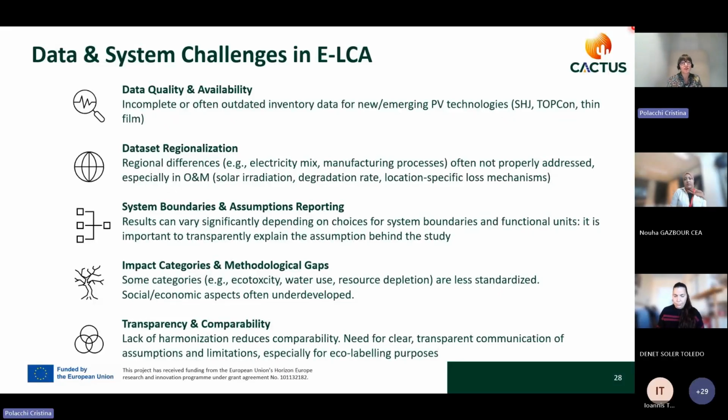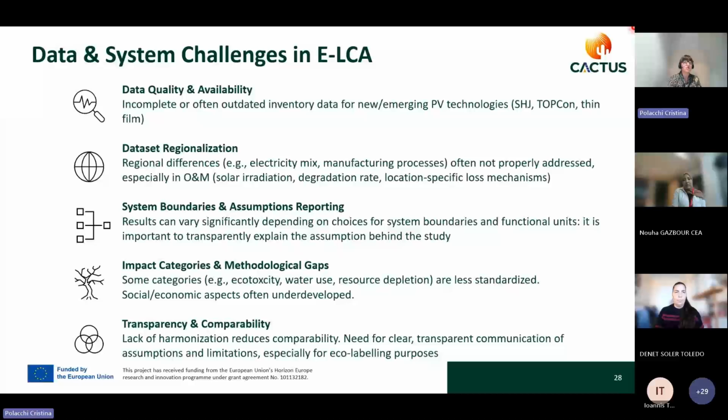Also, results can vary significantly depending on the choices of system boundaries and functional units. So it's very important to transparently report all the assumptions. And the impact categories like ecotoxicity and material resource use are sometimes less standardized than the climate change category.